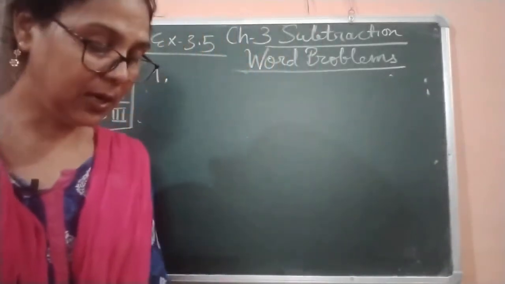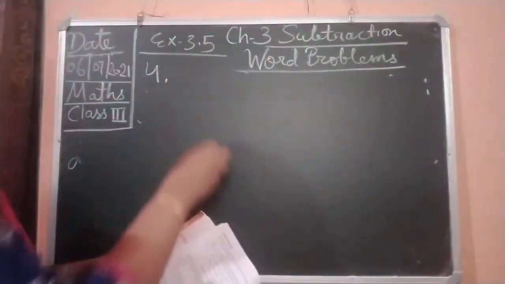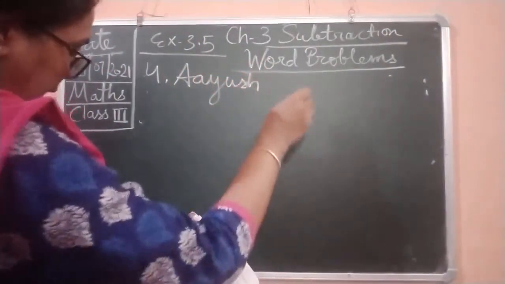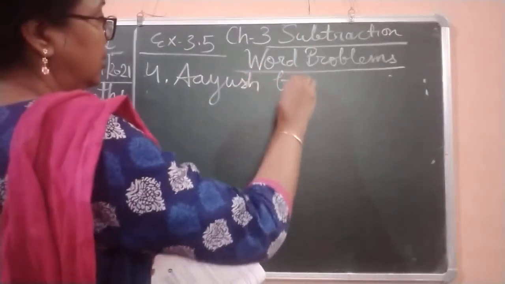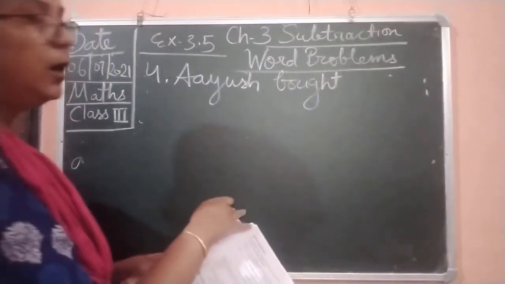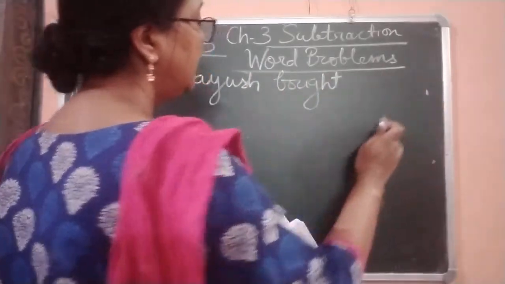Write down this word problem in your copy. So Ayush bought. Bought, you understand the meaning, buy's past form is bought. Buy means to purchase.